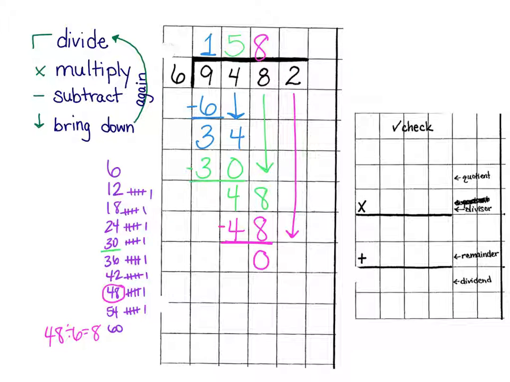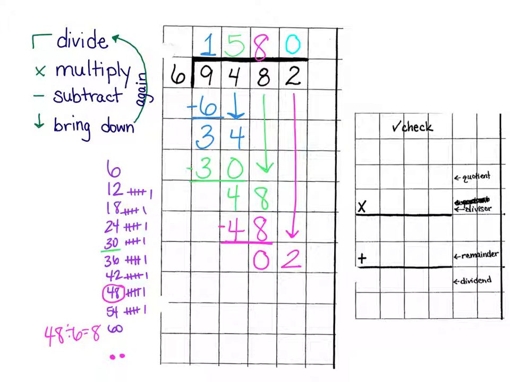Divide. Now we have 2 and we're dividing it by 6. So if we have 2, can we split it into groups of 6? No, we can't. So we have to put 0 up here because we cannot split it into groups of 6.